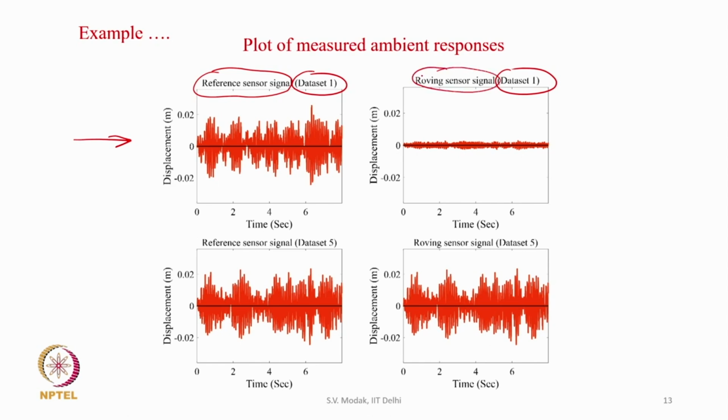We see that the roving sensor signal magnitude is small, because this data set corresponds to the roving sensor measurement at test point 1, which is close to the clamped end of the beam, so we expect a smaller response there. But the reference sensor measurement is at location 5, which is at the tip, so the response is larger. The 2 figures at the bottom correspond to the measurements taken in data set 5.